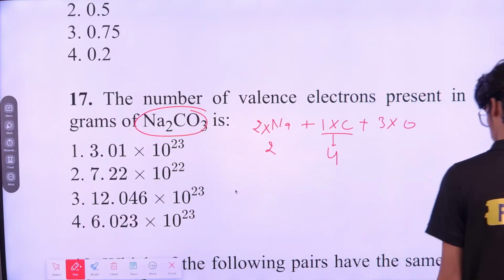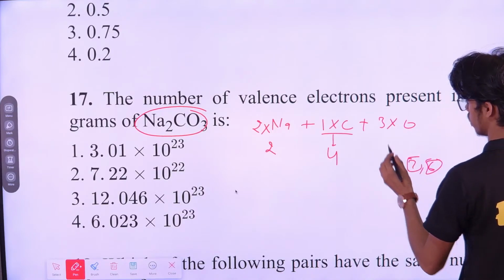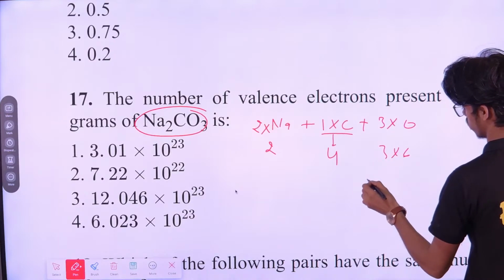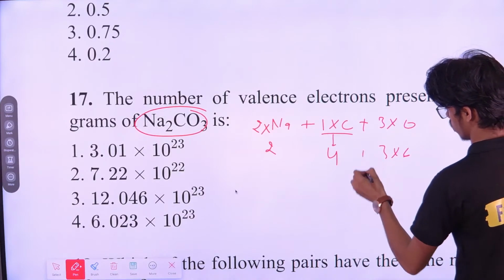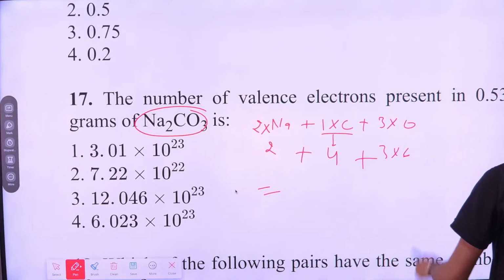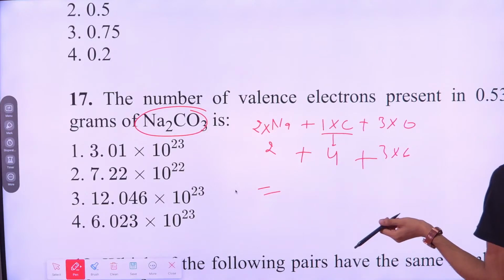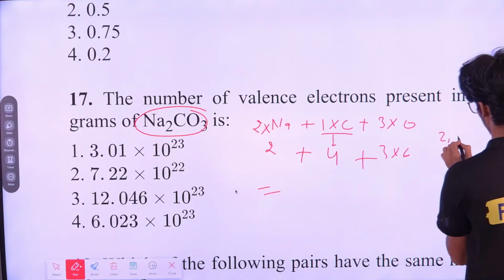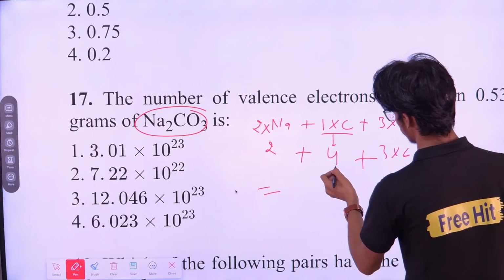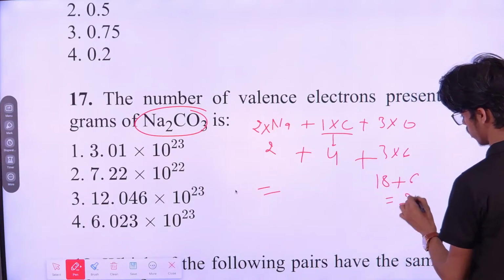Now 2 and 6, right? For oxygen it is 6, so 3 into 6 is 18. Valence shell electrons in oxygen is 6, yes. So 18 plus 6, how much? 24.